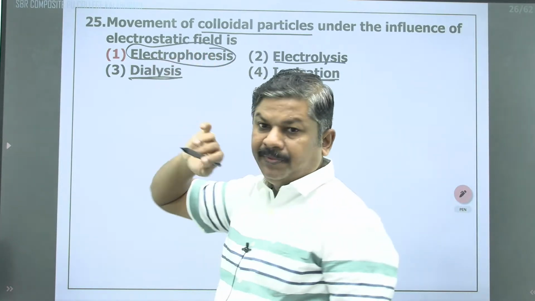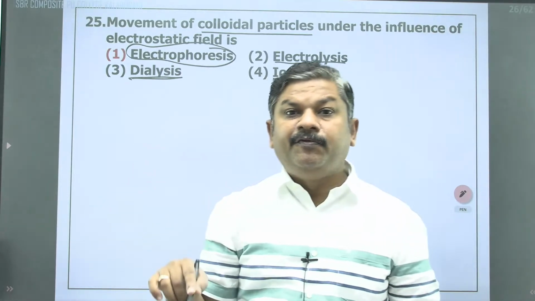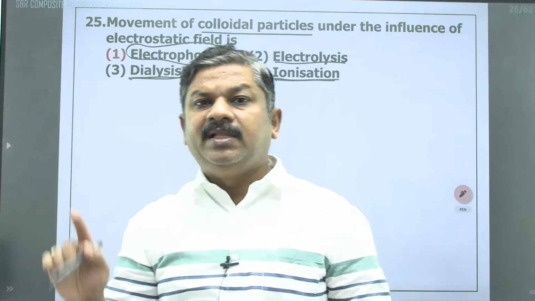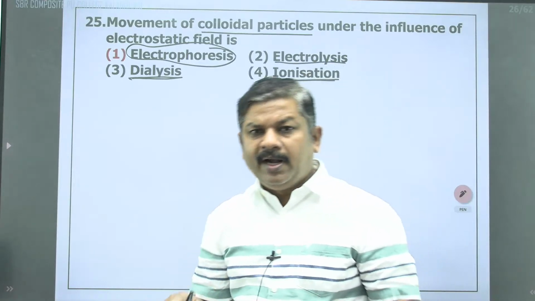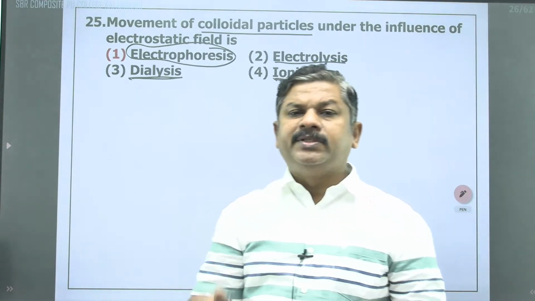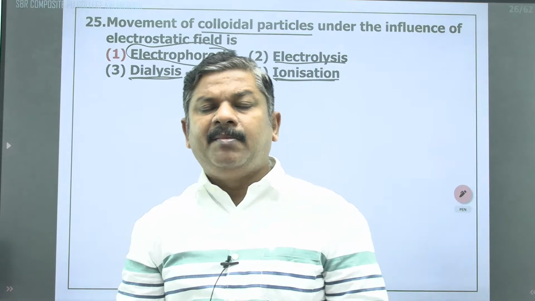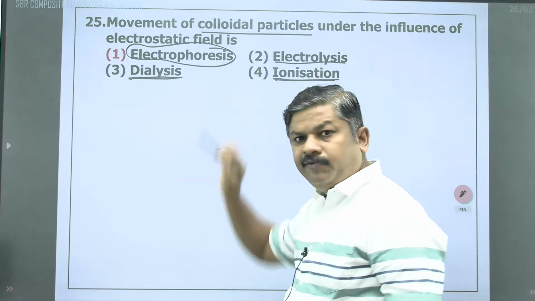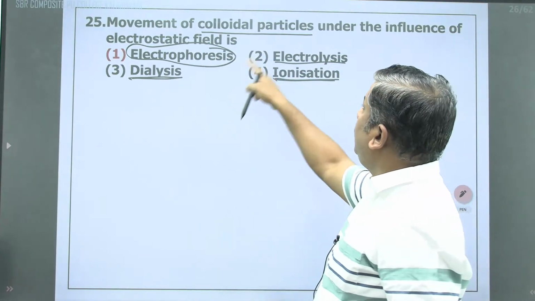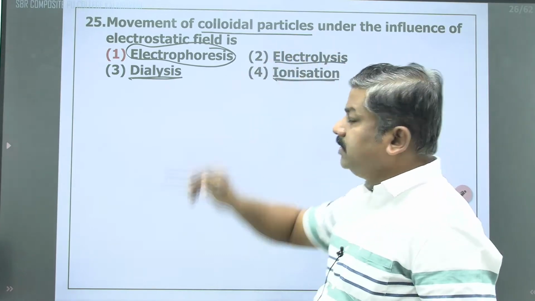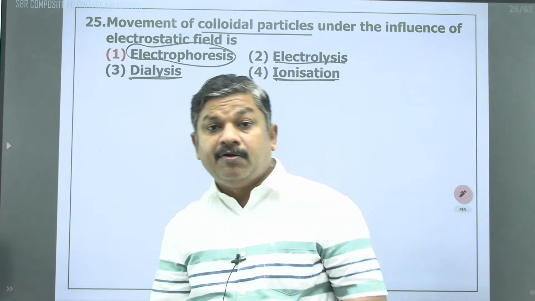Electrophoresis is a method to determine the charge present on the colloidal particles. Whether a colloid is negatively charged or positively charged can be determined by the process of electrophoresis. So the movement of colloidal particles under the influence of an electric field is called electrophoresis.